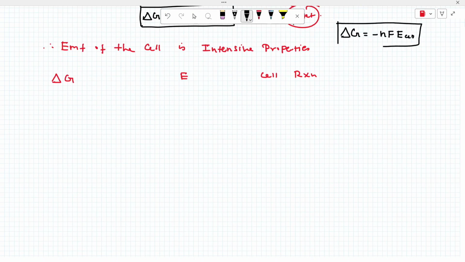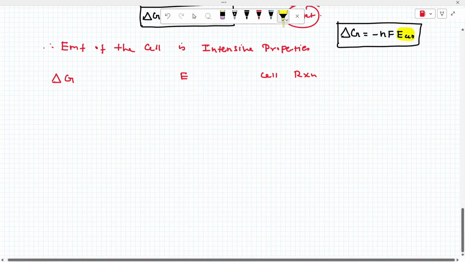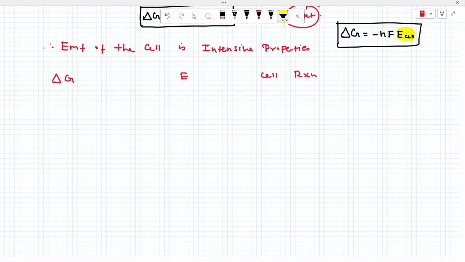We know very well, whenever delta G is negative, what kind of reaction? Spontaneous or non-spontaneous? Spontaneous, sir. Good. See, in this case, F is a constant, a positive number, 1, 2, 3, it will not be negative.